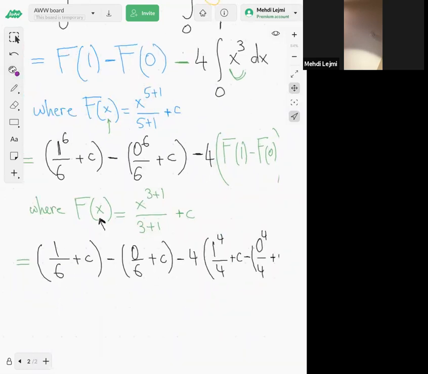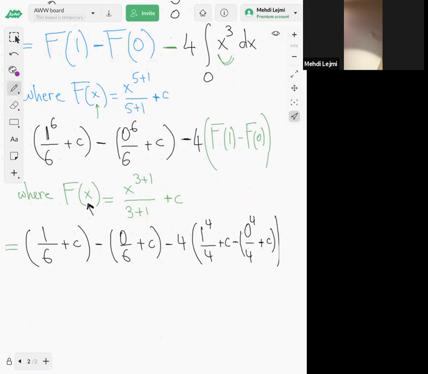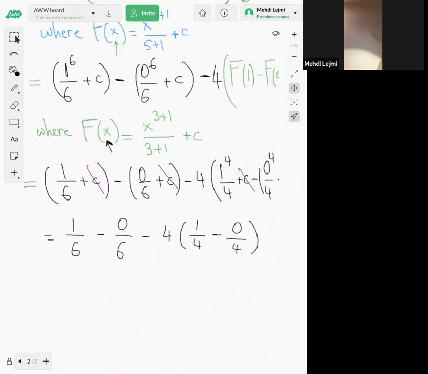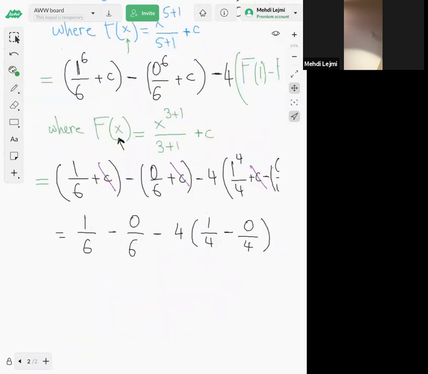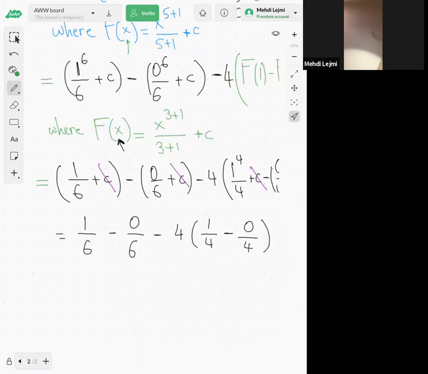It's not a problem here. This c minus this c cancel out, and this c minus this c is just 0. So we're going to end up with 1 over 6 minus 0 over 6, minus 4 times 1/4 minus 0 over 4. 0 over 6 is just 0, and 0 over 4 is just 0.